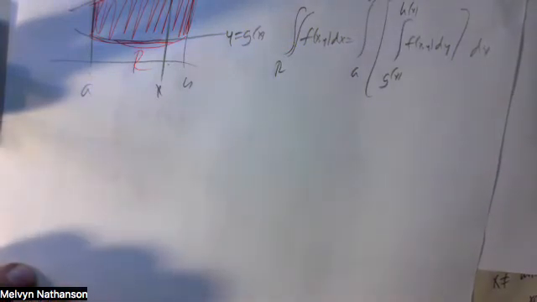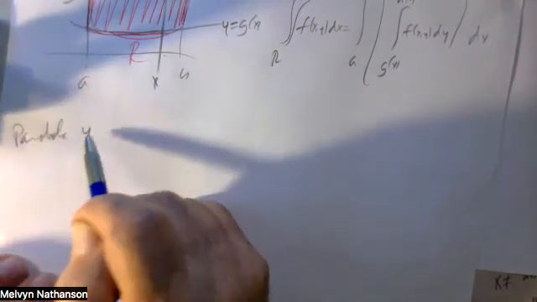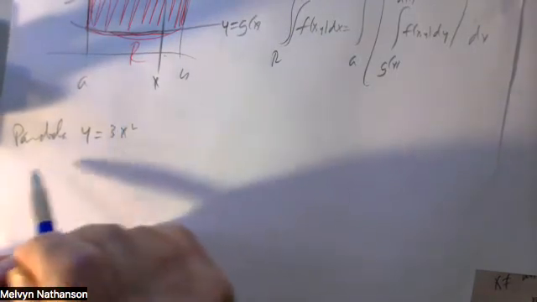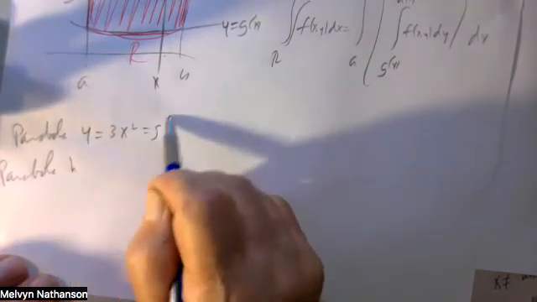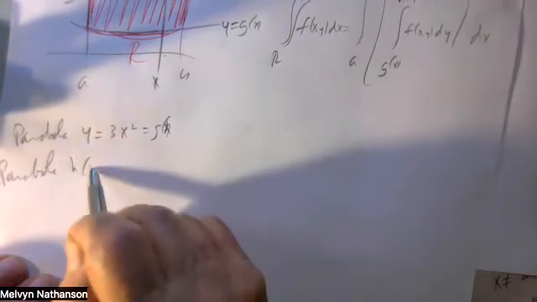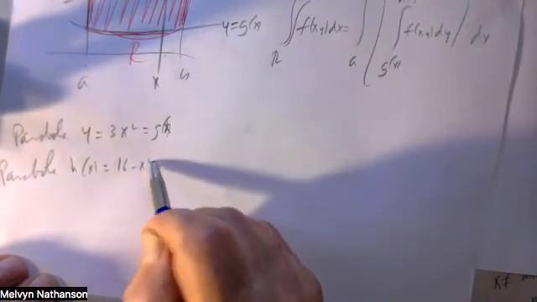So let's look at an example. Suppose we have two parabolas. We have the parabola y equals 3x squared, and this is some function g of x. We have the parabola h of x equal to 16 minus x squared.